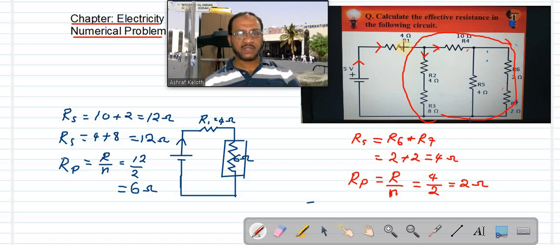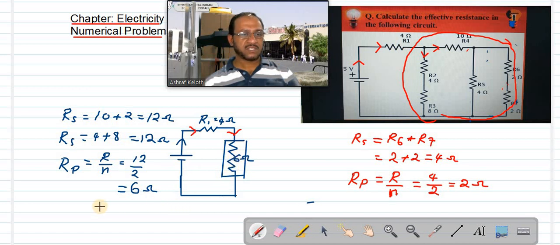And that 6 ohm and this 4 ohm are in series because you see the direction of current flowing. This R1, 4 ohm, and the remaining part, when we convert into a single equivalent resistor, that is 6 ohm, that is this one. So the same current is flowing through these two.